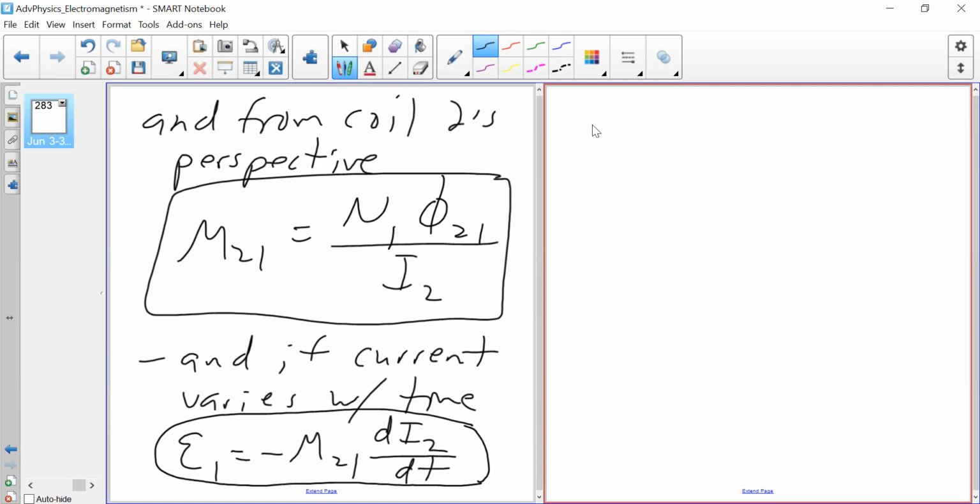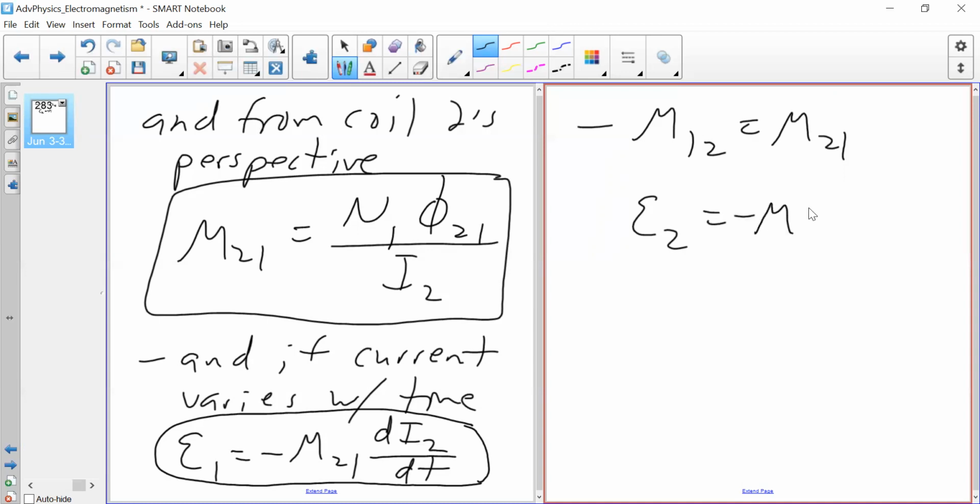Since the times are the same, M12 is equal to M21, and thus the EMFs are basically the same.